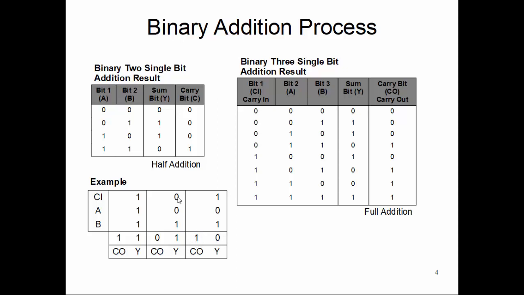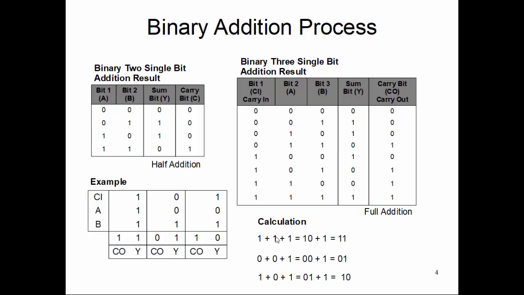So it will be 0 plus 0 is 0, plus 1 is 1, and your carry out from that stage would be 0. And 1 plus 1 plus 1, in a similar stage, your sum would be 1 and carry out would be 1. These are the calculations we can do on paper and pencil for one single column of 3 bits: carry in, A and B.